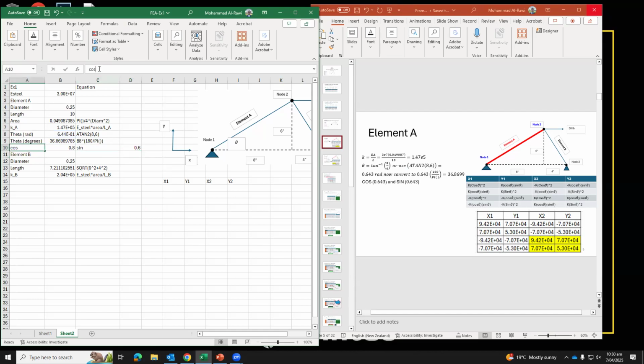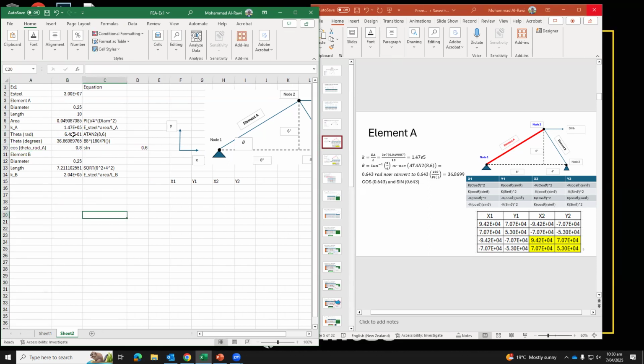To make that clear, you just put theta radians A, and here I'll put sine theta underscore radians A. One is cosine, and that was sine. So these are the values for them.